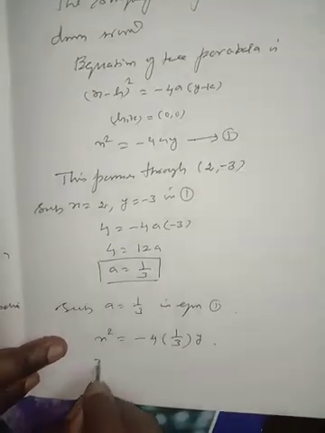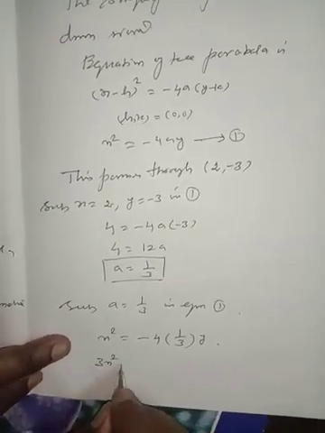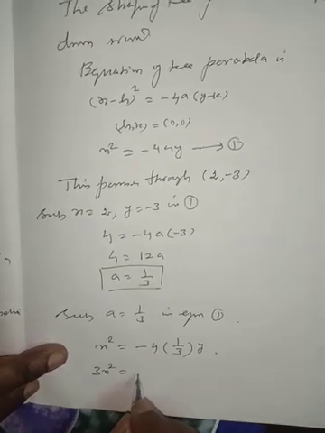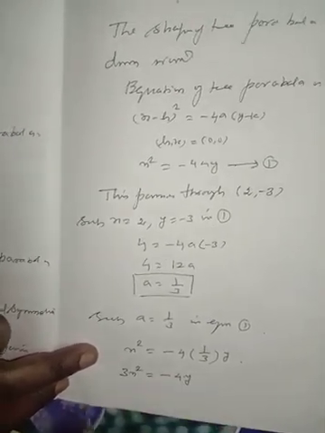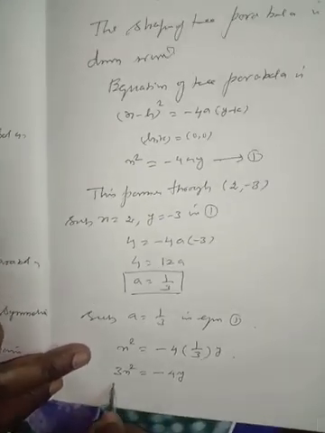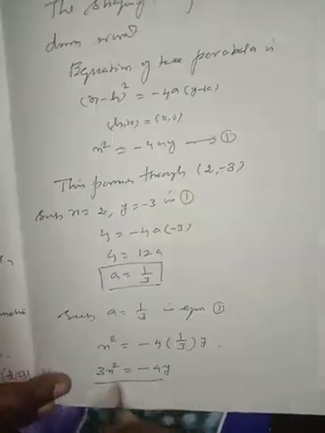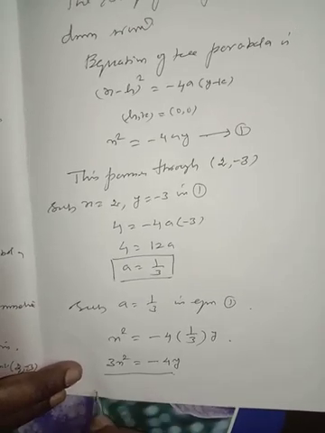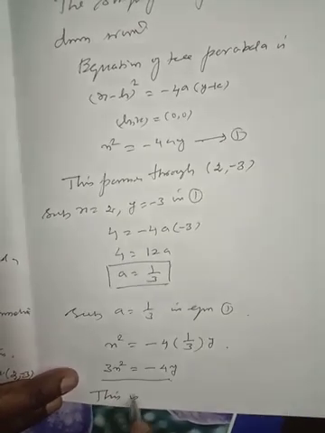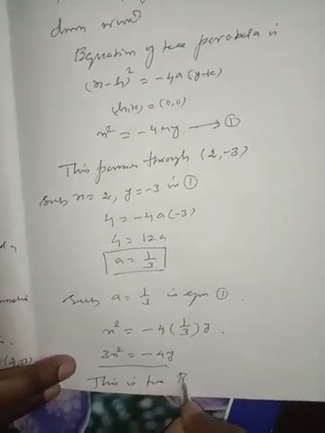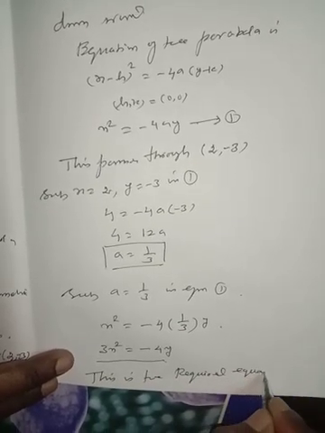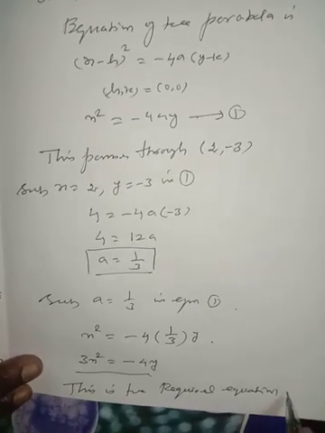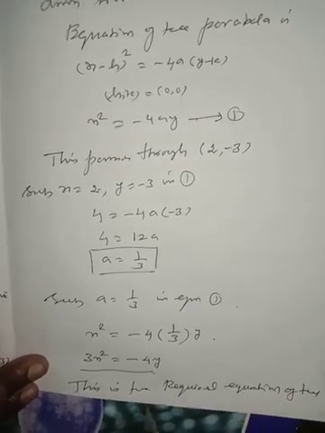Cross multiplying, 3x square is equal to minus 4y. This is the required equation of the parabola.